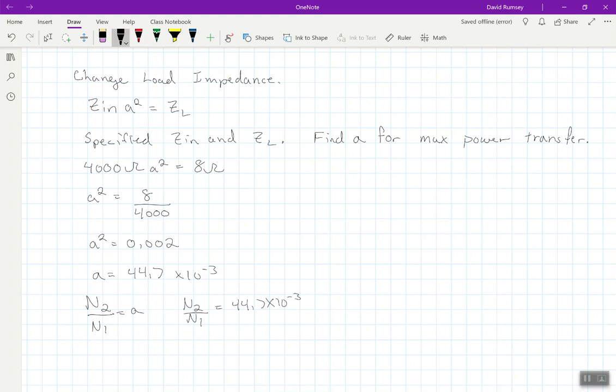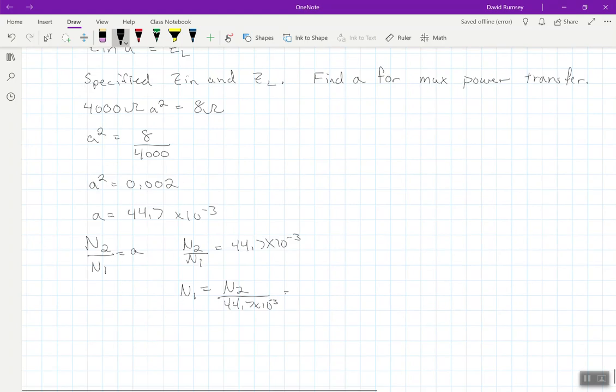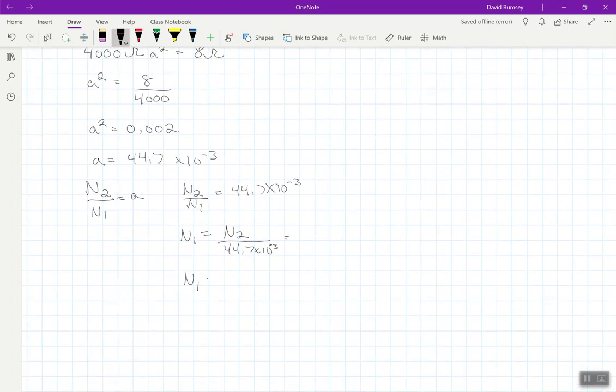I like to think of it as N1 is equal to N2 divided by 44.7 times 10 to the negative 3, which gets me N1 is equal to 22.37 N2.